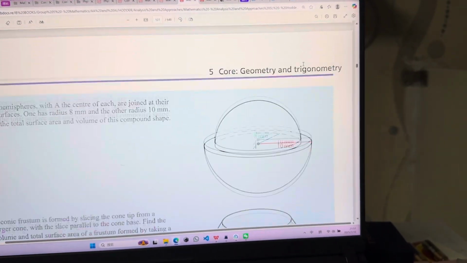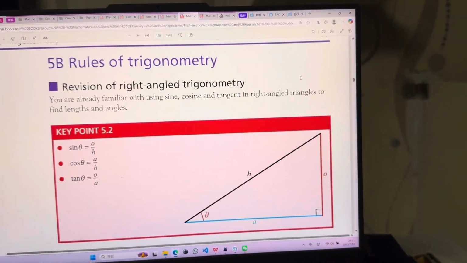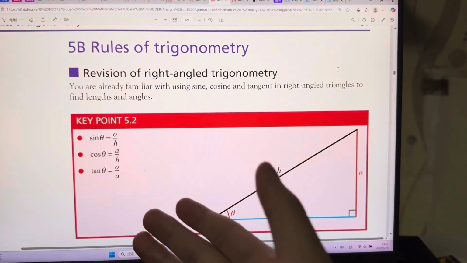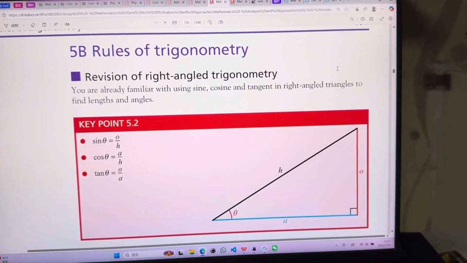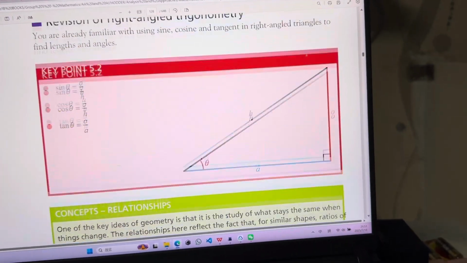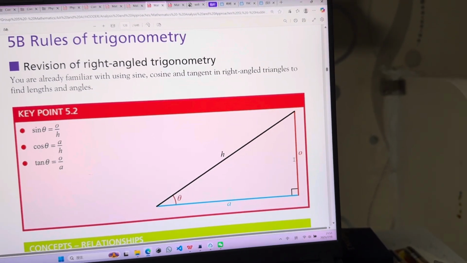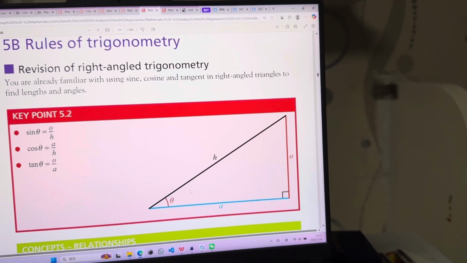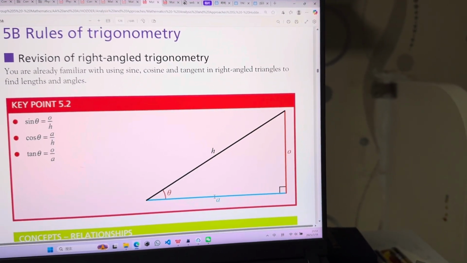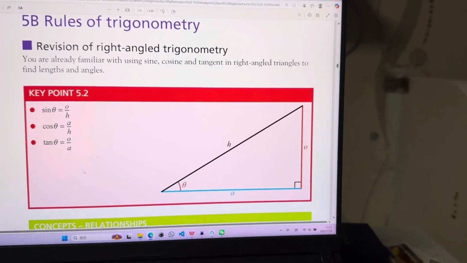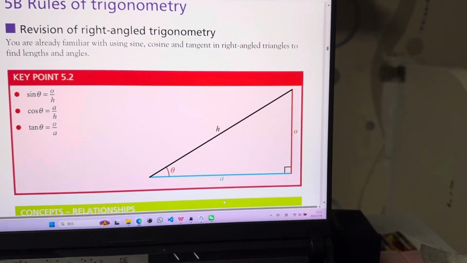So let's talk about trigonometry. Here's the definition of sine, cosine, tangent. I think everyone knows that. But remember, sine is opposite divided by longest side (hypotenuse). Cosine is neighbor (adjacent) divided by longest, and tangent is opposite divided by neighbor.